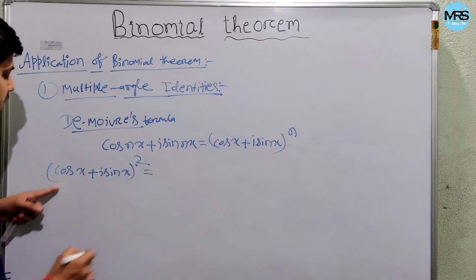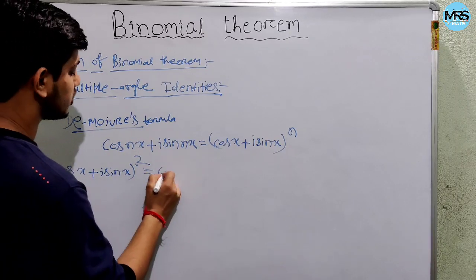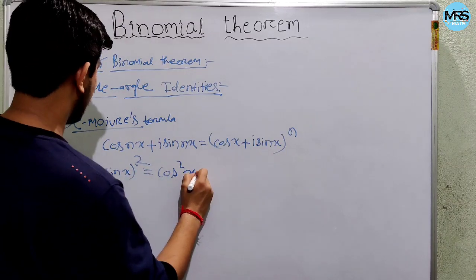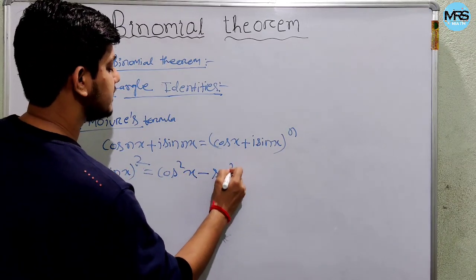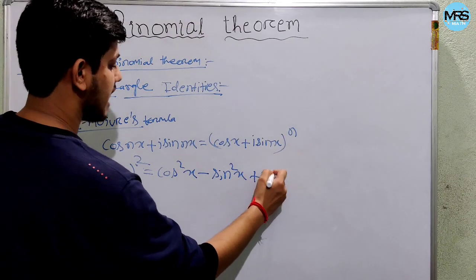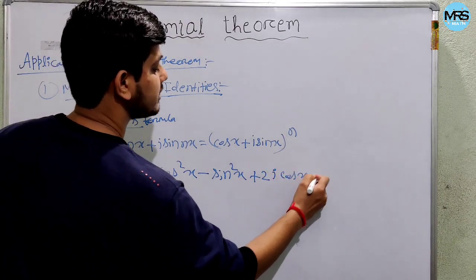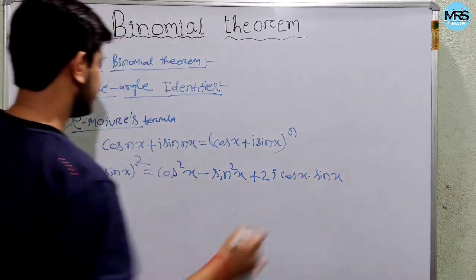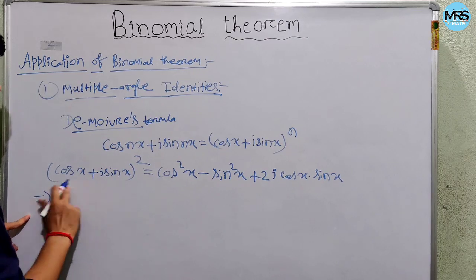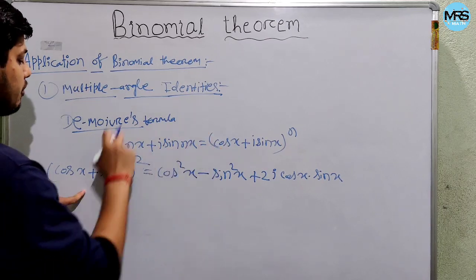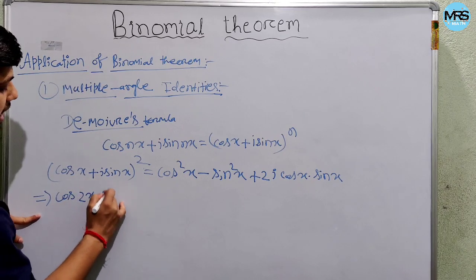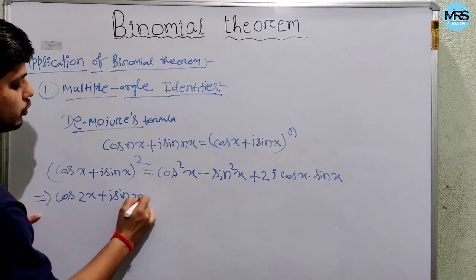This will be cos squared x, then minus sin squared x, plus 2i cos x into sin x. And this one, by using de Moivre's formula, is cos 2x plus i sin 2x.